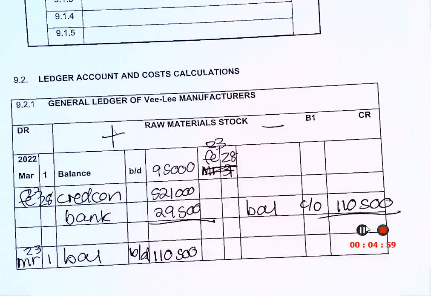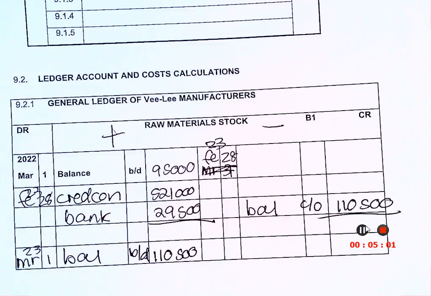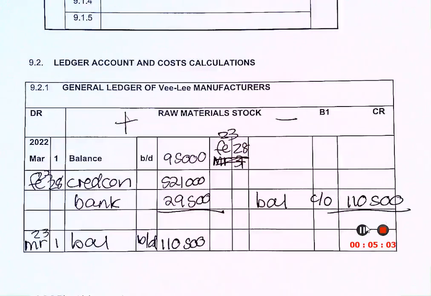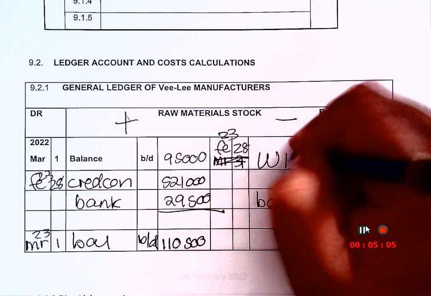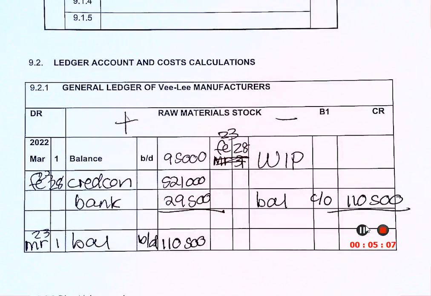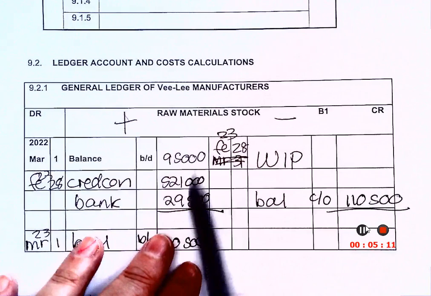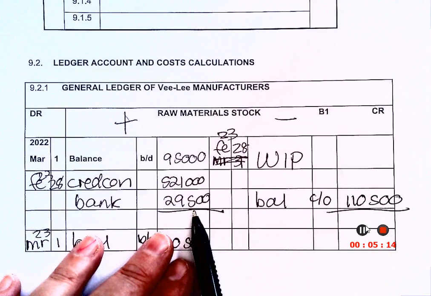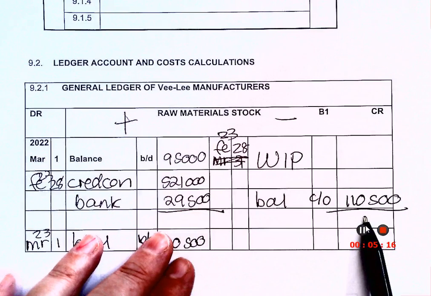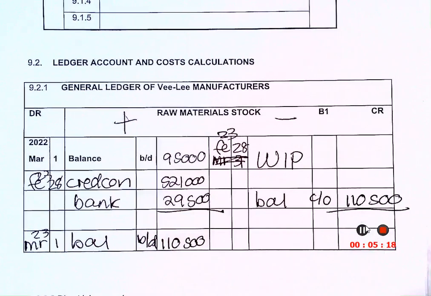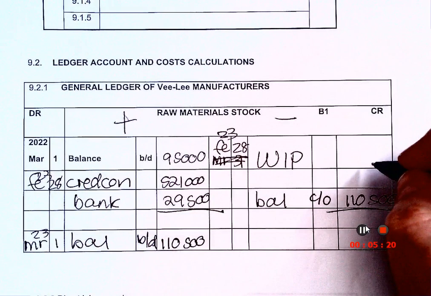And that's all they tell us, nothing else. So now I can just balance my account by saying the two sides need to be equal. So this side 95 plus 521 plus 29 less 110 gives me 535.